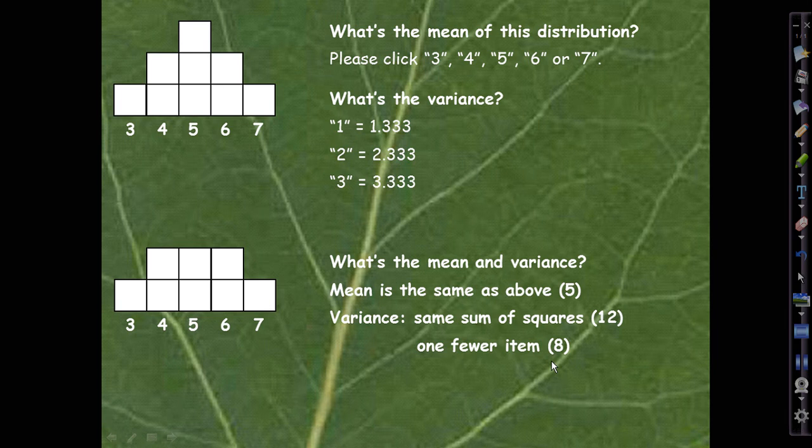There are 8 of them instead of 9, so we divide by 8, we're going to get 1 1/2. So that's the variance. This distribution has a slightly larger variance than that one because more of the observations are farther from the mean, hence the variance is greater.